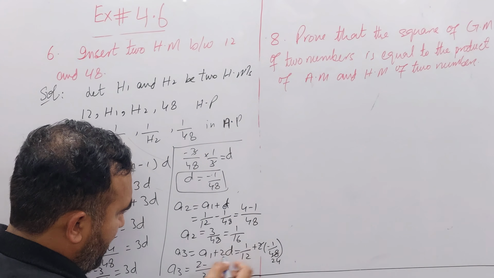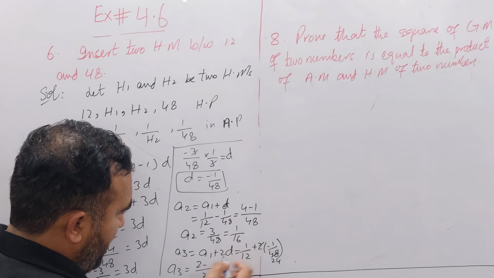So a2 is 1 by 16, and a2 is equal to 1 over h1, that is equal to 1 over 16. So h1 will be equal to 16, right?